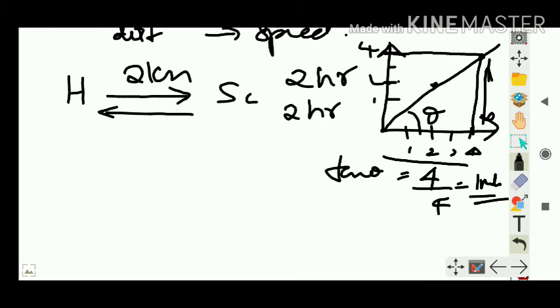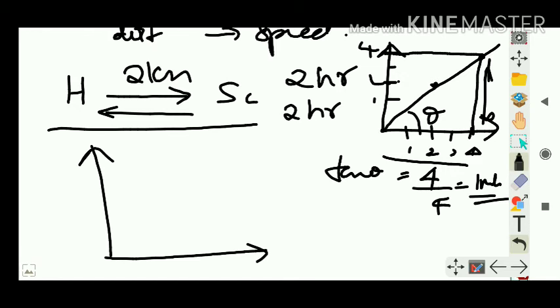But if I am plotting the same example as a displacement time graph, that would be a little bit different. Let's say this is 1 2 3 4, 1 2 3 4. In 2 hours I have reached 2 kilometers, so the point is here. But in the next 2 hours I am coming back to my origin itself.